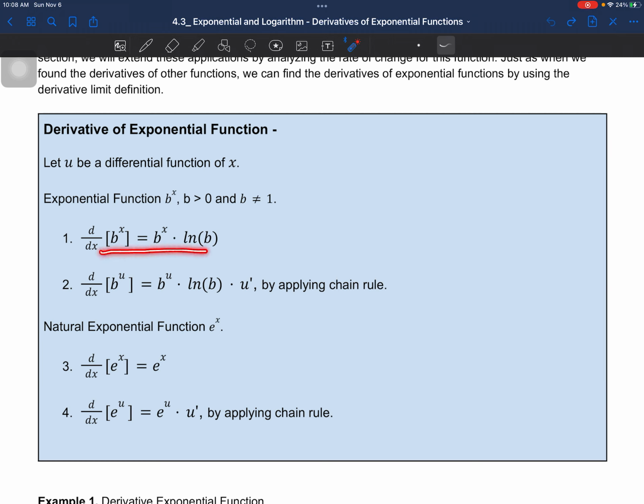It's a great example: e is greater than 0 and not equal to 1, so it meets the definition. When we take the derivative of this, it's going to be exactly as we did before. It's going to be copy and paste, and then we have to multiply by the natural log of e, the base.